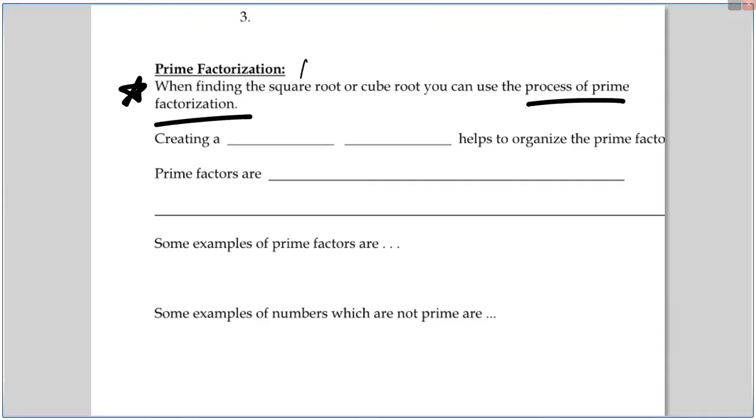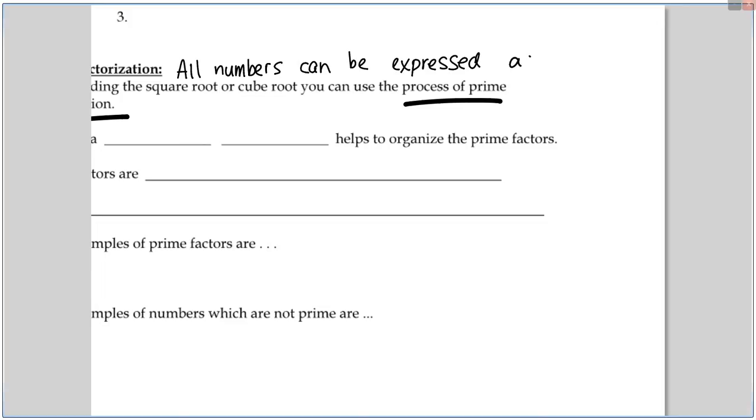All numbers can be expressed as a product of primes. All numbers can be expressed as a product of primes.